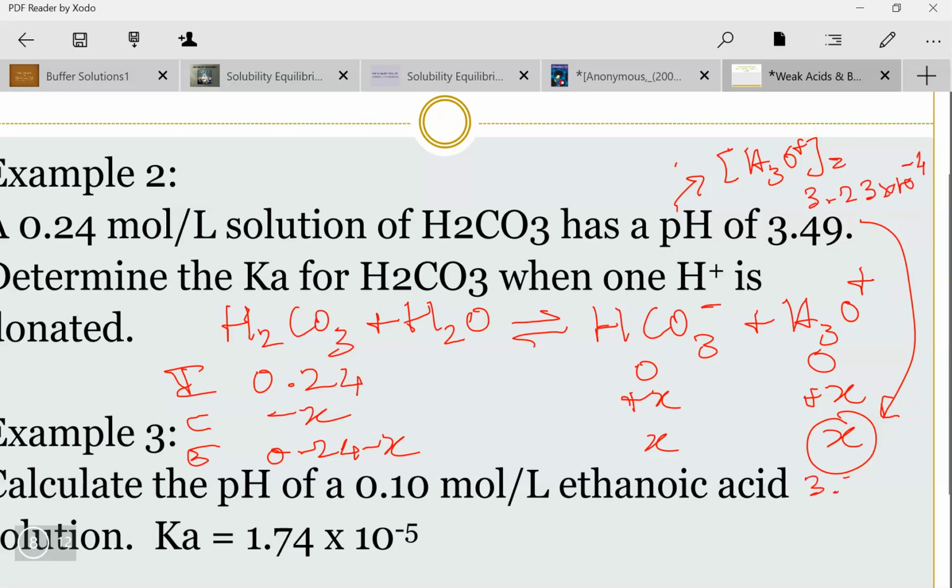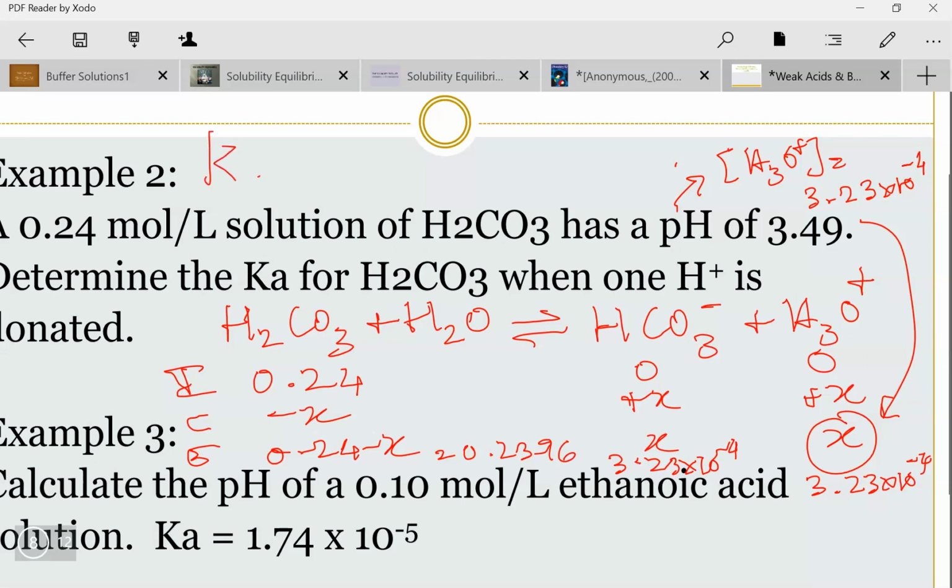So x is 3.23 times 10 to the power negative 4. Then 0.24 minus x is 0.2396. Basically 0.24. There's no difference there.